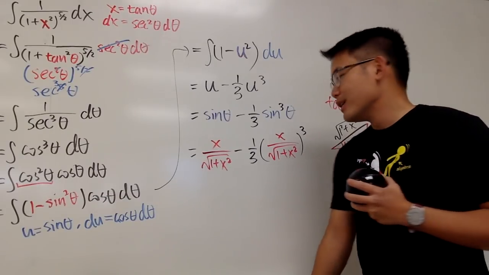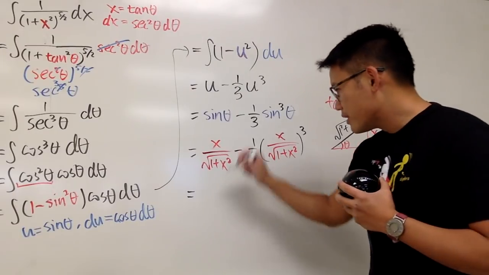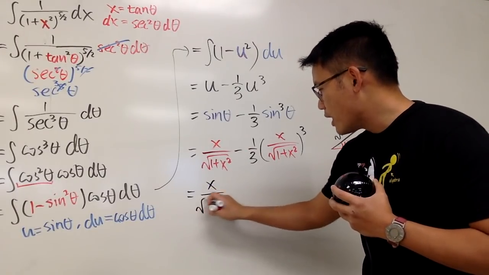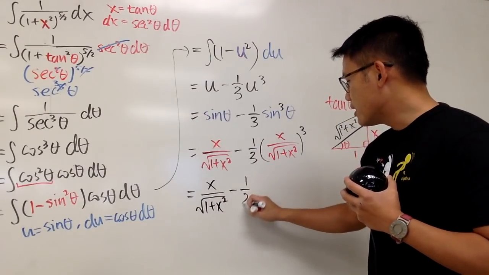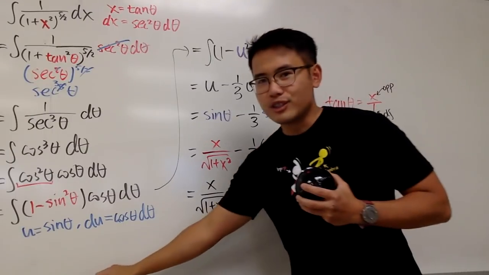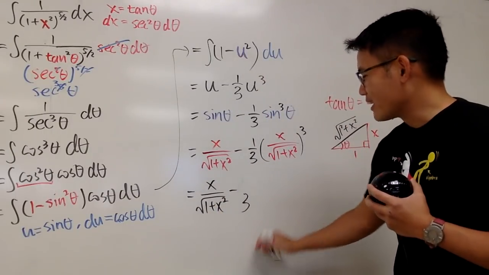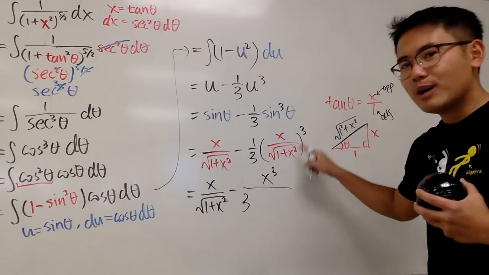And in the end, we can just simplify this a little bit, and then we put on the plus c at the end, right? So here is just x over the square root of 1 plus x squared, and this is minus 1/3. And here we have x to the third power on the top times 1. So I'll just put down x to the third power on the top. And depends on how you want to write it.